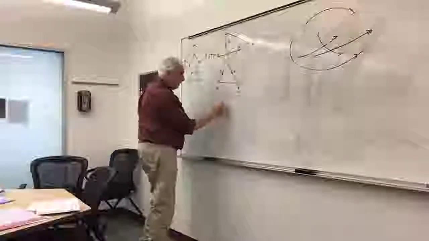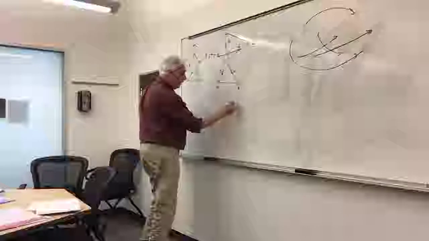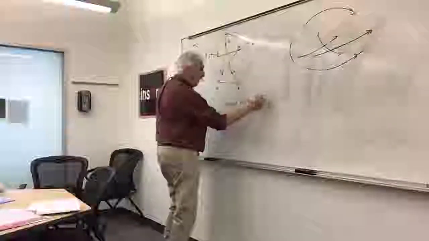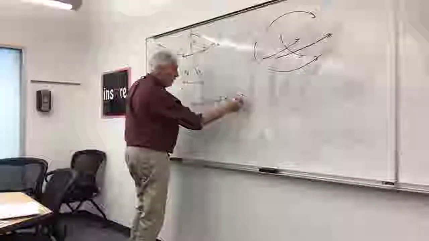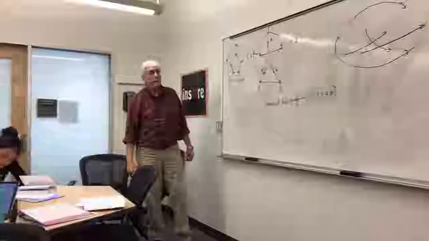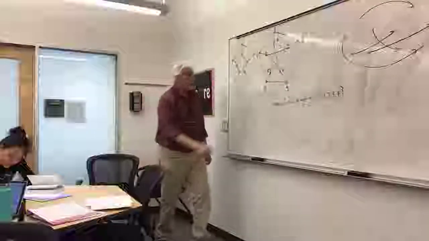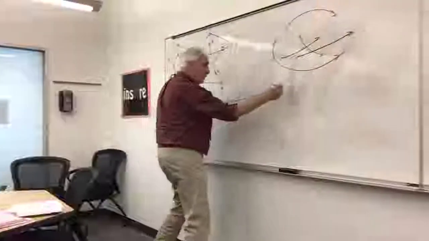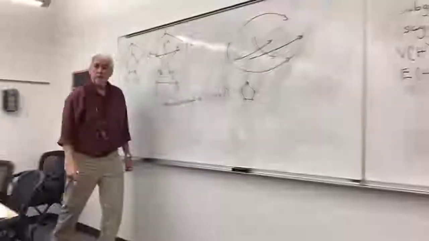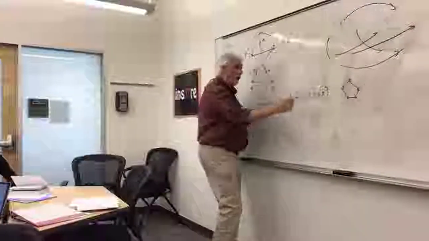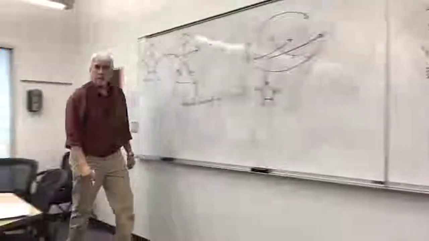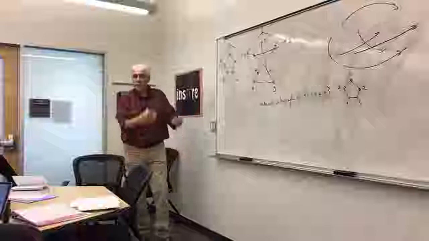So the induced subgraph on 1, 2, 3, 4, 5 is going to simply be, that's pretty simple, that. So it includes all the vertices 1, 2, 3, 4, 5, and all of the edges between those 5 points. So that's an induced subgraph.